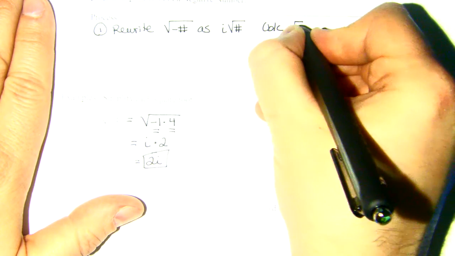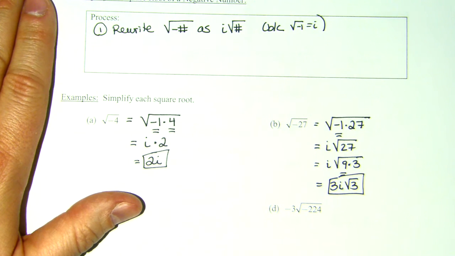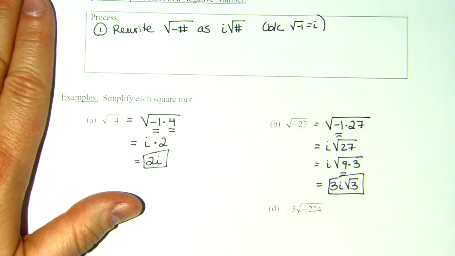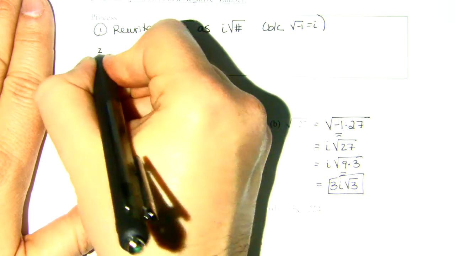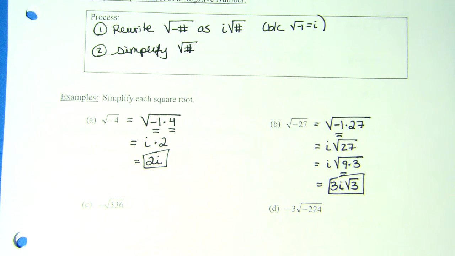Because the square root of negative 1 equals i. If I have the square root of a negative number, I'll write it as i times the square root of that number. Then, I'm just going to simplify like we did in that last video. Simplify the square root of your number. Break it down, show me the perfect square, times the leftovers and all that. That's it.